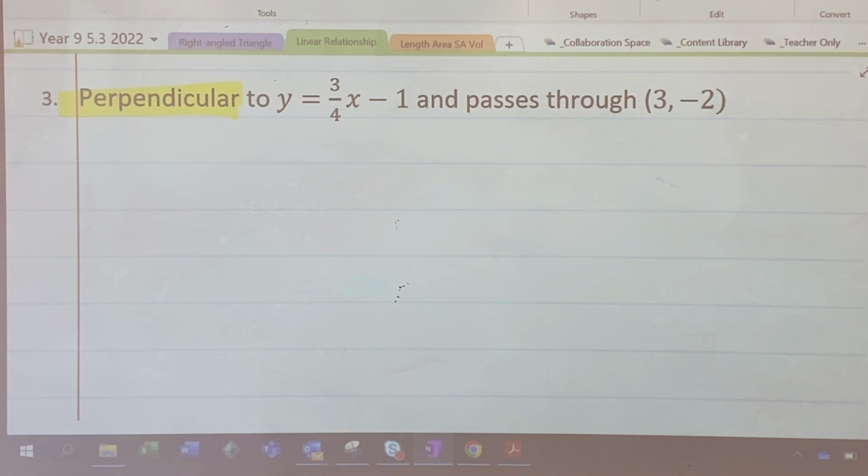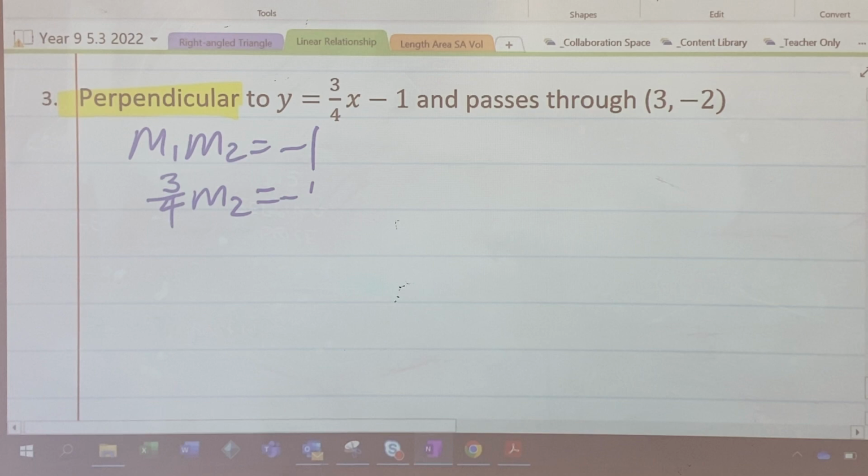Let's try. m1 times m2 equals negative 1, right? My old gradient is this. My new gradient is what I'm supposed to find out. Yes or no at this stage? So this times m2 equals negative 1.